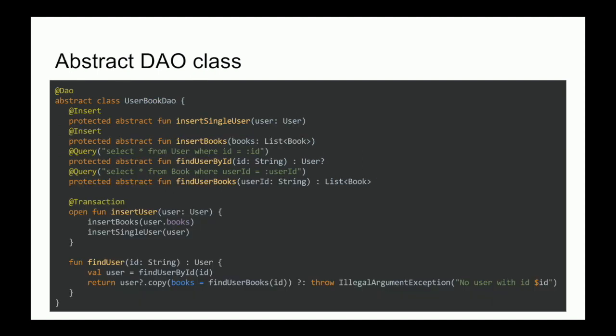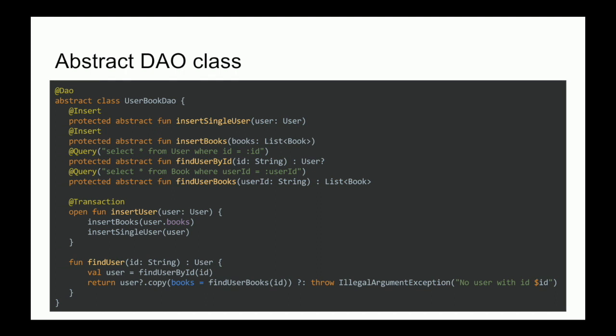And once I do this, I can create an abstract data access object, which just has some protected methods because I don't actually want to use that as my API. I want to have it protected in this case. So I can insert a single user and can insert a list of books. And then I can implement a method that just calls these methods, insert books, insert single user. And yeah, that's pretty great, I think.